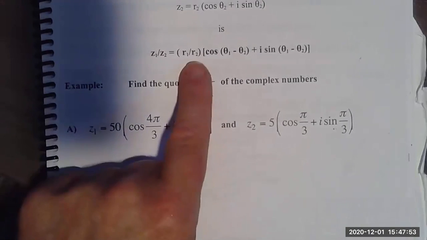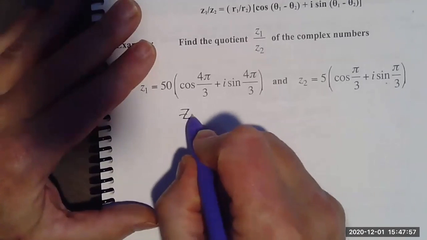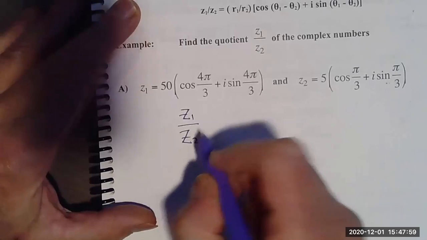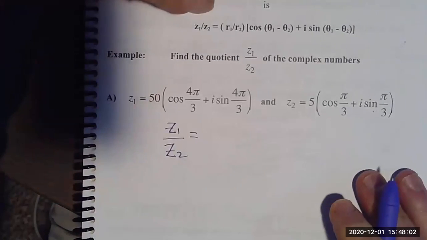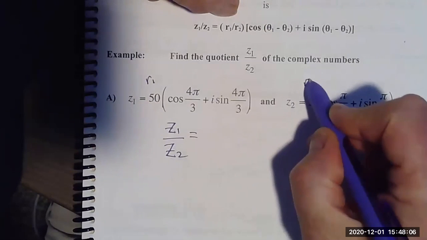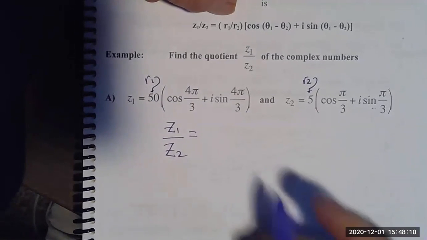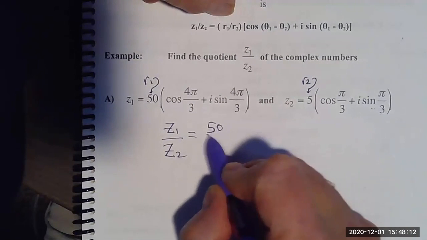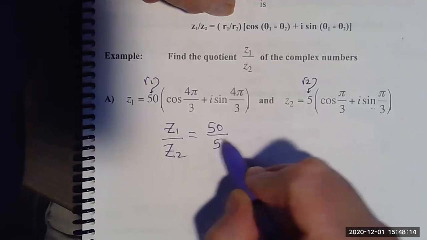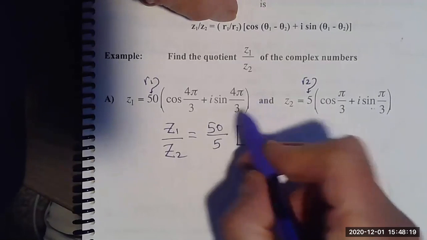Okay, here I'm going to go, what's the z sub 1 over z sub 2? According to the formula right here, take the r's. So here's r sub 1 and here's r sub 2. So I've got 50 over 5. And then I go bracket, parentheses.